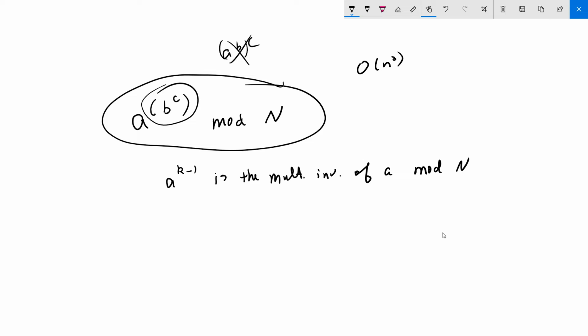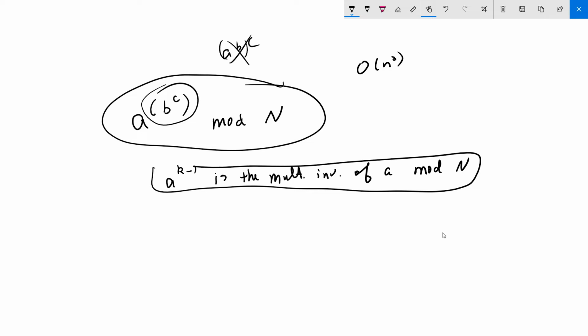Make it so you can calculate A to that power by calculating A to a much smaller power. So you need to use this assumption to modify the exponent so that it is small.